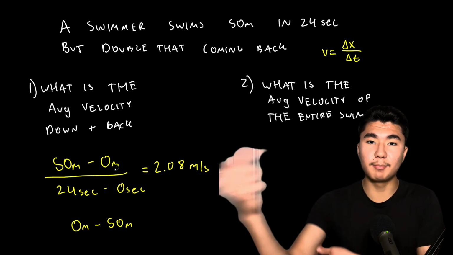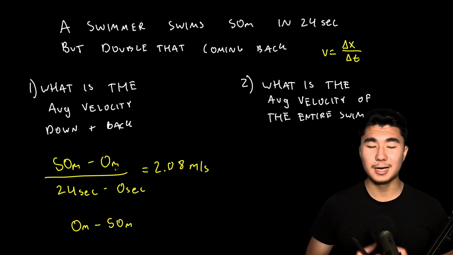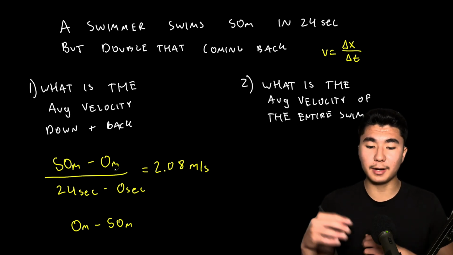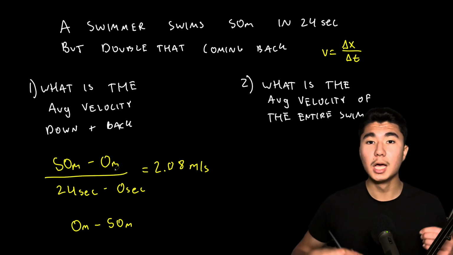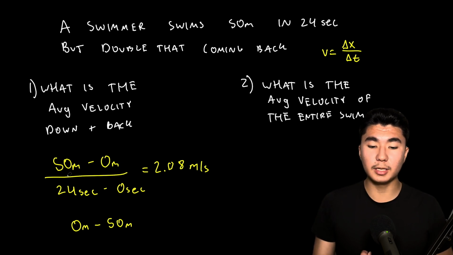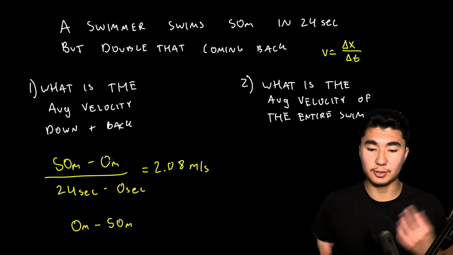Now, when we're coming back, we're starting at 50 meters and coming back to 0 meters. You really have to write down where your start point is and where your finish point is. Coming back, your start point is where you finished off, and where you started is where you're finishing.